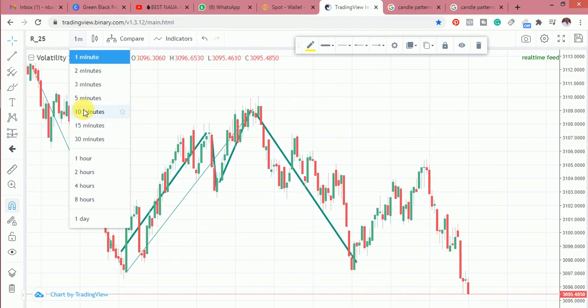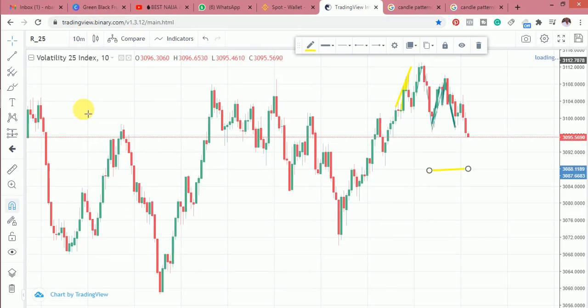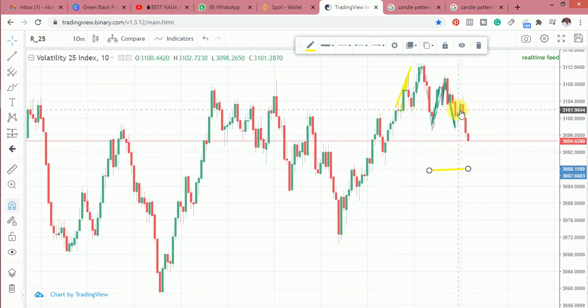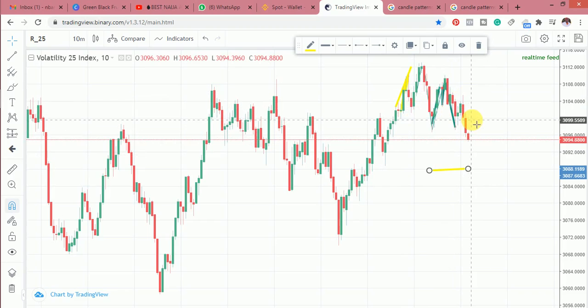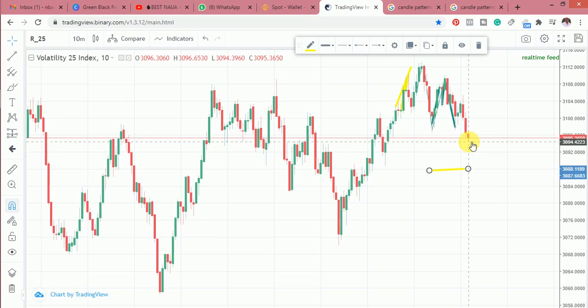When you take your study from the higher time frame and come down to the lower time frame, you see this market you're seeing right here. If you're using MT4 or MT5, especially MT5, and you're trading Volatility 25 right now, and you enter a short trade from here, it's going to really be a good market for you.